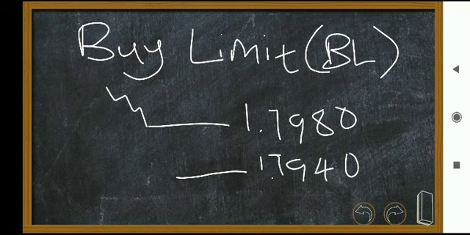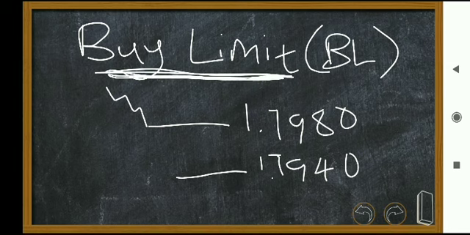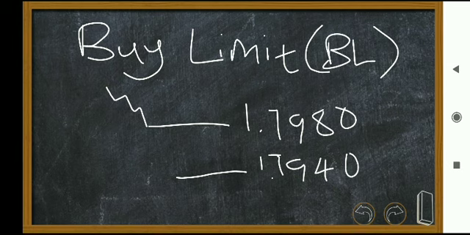Let's say you did your analysis, you saw that price will reach a certain point and reverse. So for this order to be triggered, or activated, the market or price must go down. So it goes down, it must touch this area, then go back. The moment it goes back, then the limit is activated.